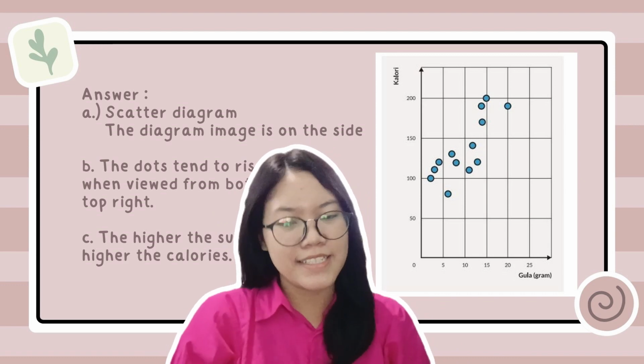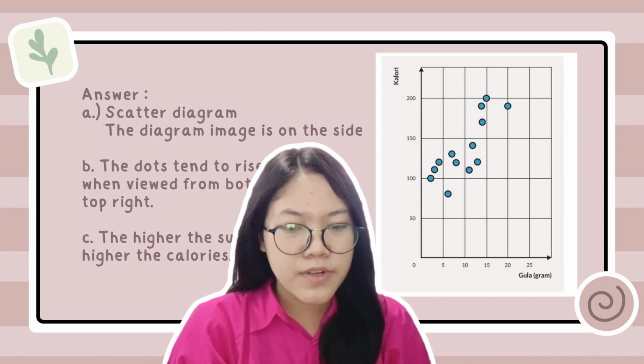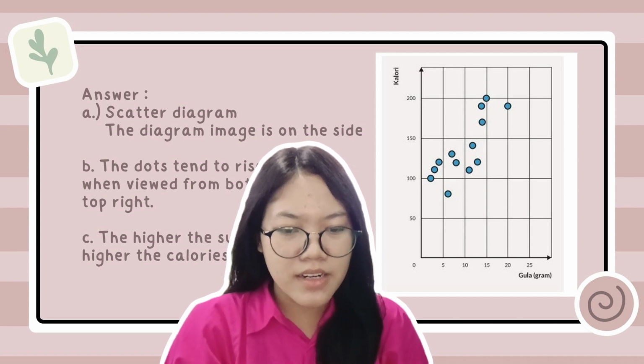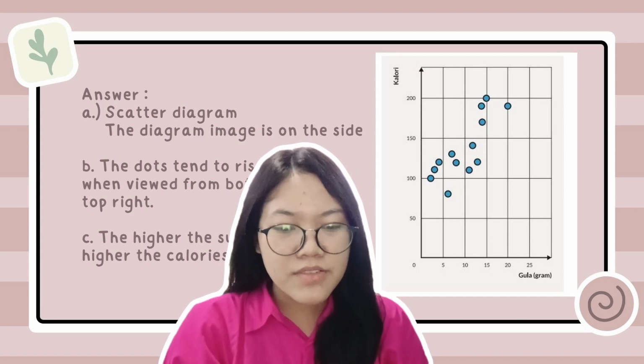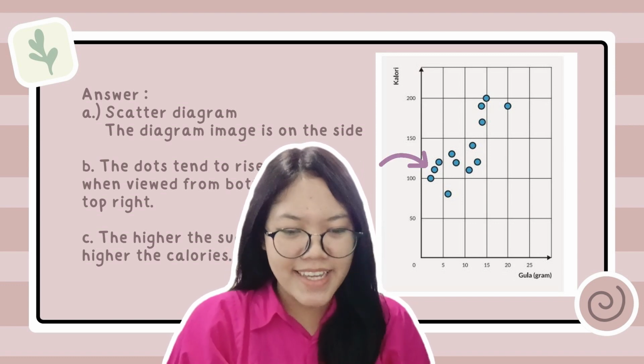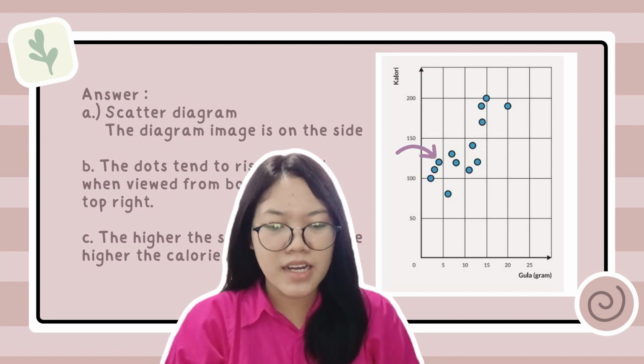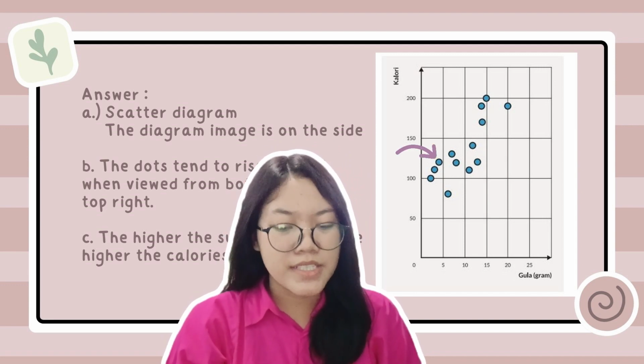So here is the answer table. For 2 grams of sugar, the calories are 100. For 3 grams of sugar, the calories are 110. For 4 grams of sugar, the calories are 120.